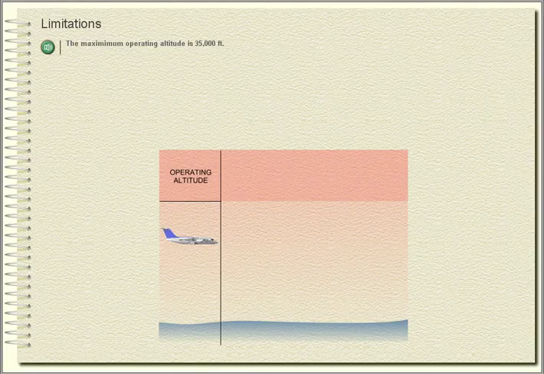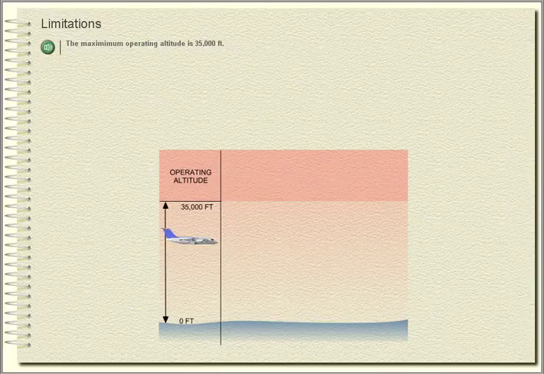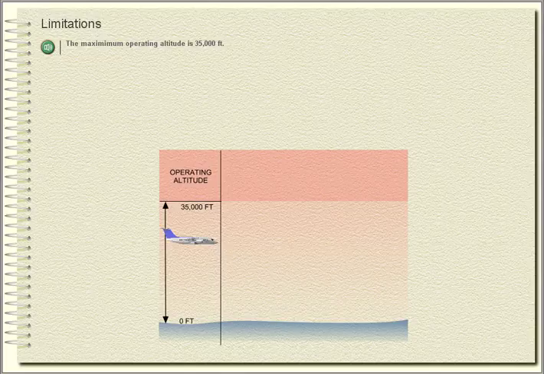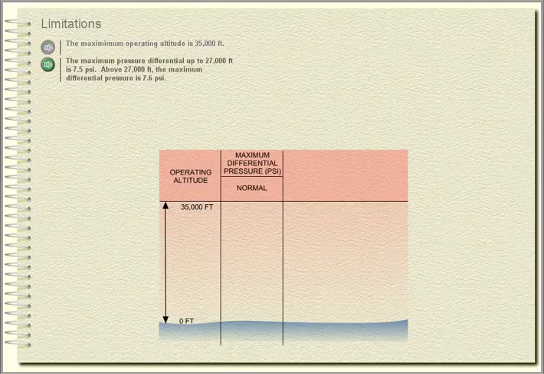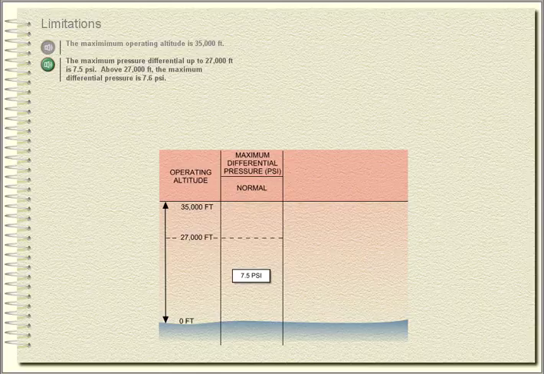Limitations. The maximum operating altitude is 35,000 feet. The maximum pressure differential up to 27,000 feet is 7.5 psi. Above 27,000 feet, the maximum differential pressure is 7.6 psi.